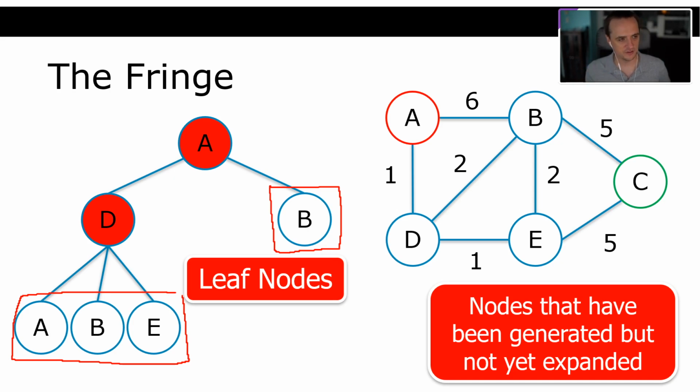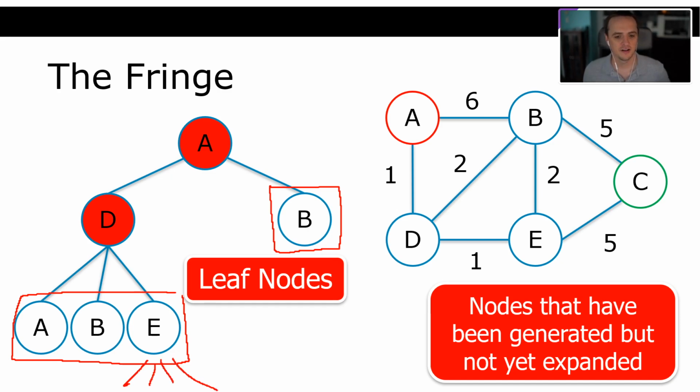So we've generated the nodes in the search, but we have not yet expanded those nodes. We've put them into the tree, but we have not expanded them, right? And expanding means generating all the children of that node.